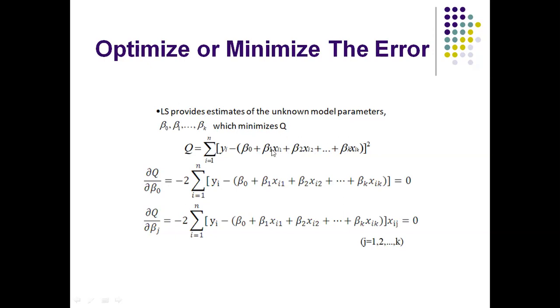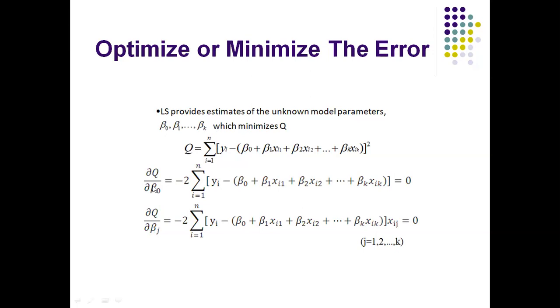The square of this, summed from i equal to 1 to n, is equal to Q. This is the error square. Why do we square? To eliminate the effect of the sign, positive and negative. Now we need to find the beta vector, that is the values of beta 0, beta 1, beta 2, and so on.